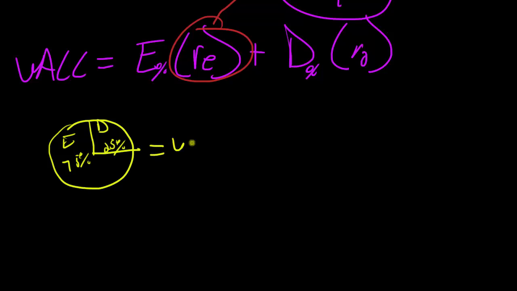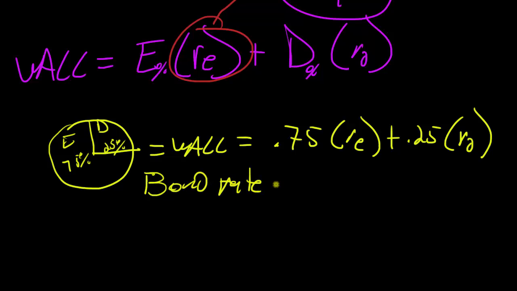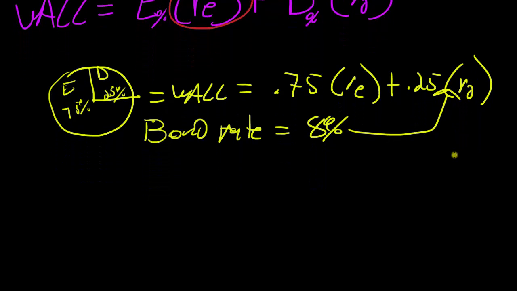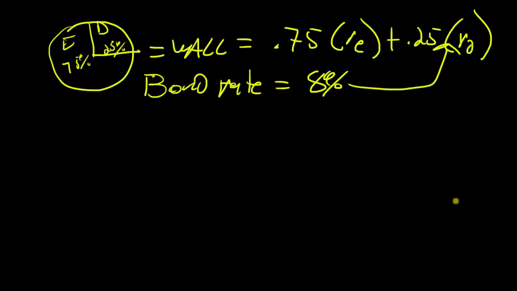So my WACC should look something like 0.75 times the rate of equity plus 0.25 times the rate of debt. Well, I can tell you that the bond rate is equal to 8%, so I can just plug that one in there, but I can't necessarily tell you what my rate of equity is.